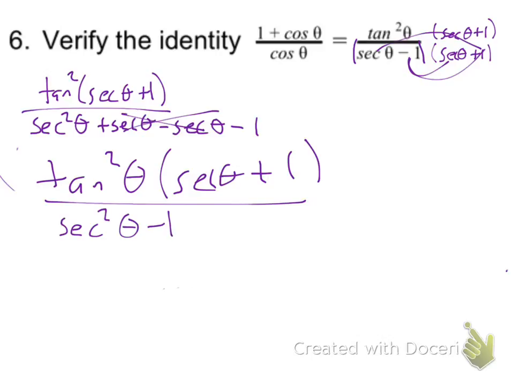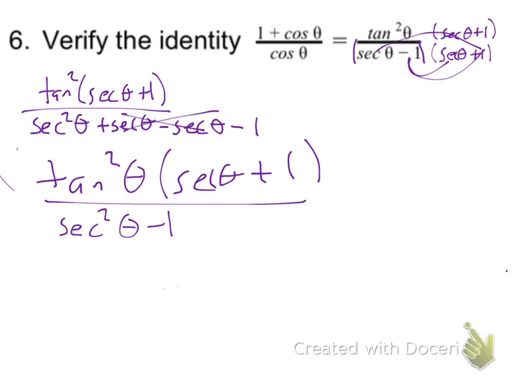Now this one might be a little bit tougher to figure out, but I seem to have a trig function squared and a 1. Anytime I see a combination of a trig function squared plus or minus 1, I'm going to look at my Pythagorean identities.